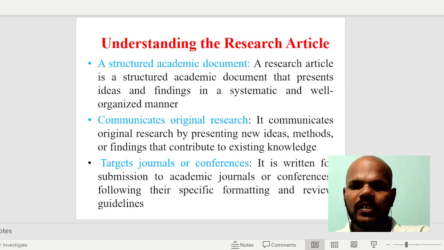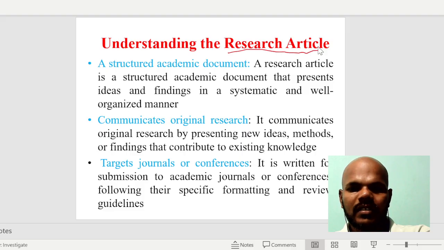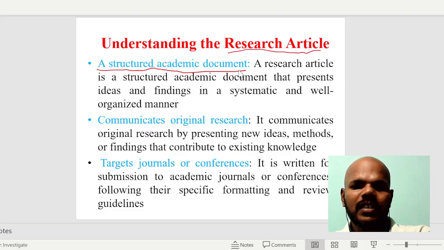First, what is a research article? We discussed it already many times in our previous lecture series. It is a structured academic document. That means there will be a structure for writing any research article.